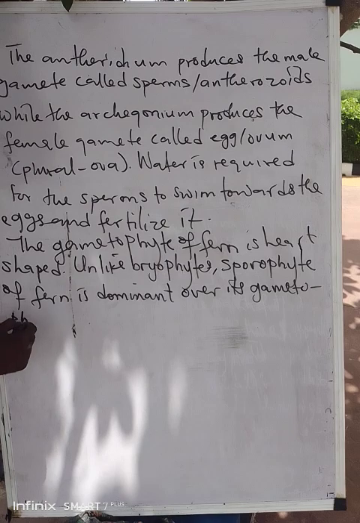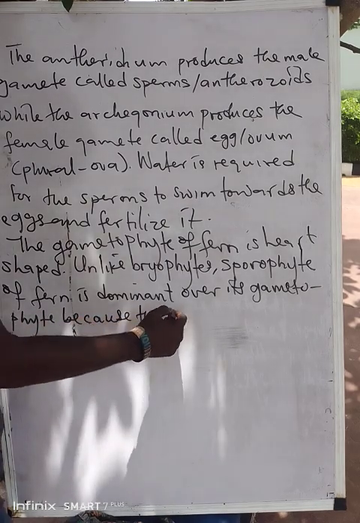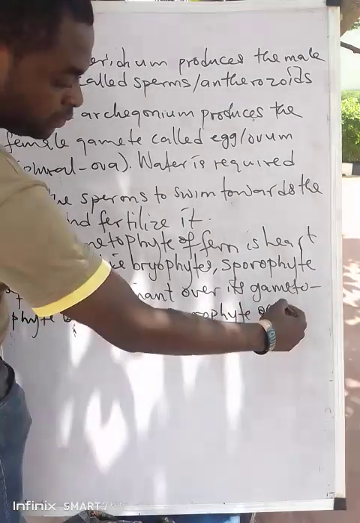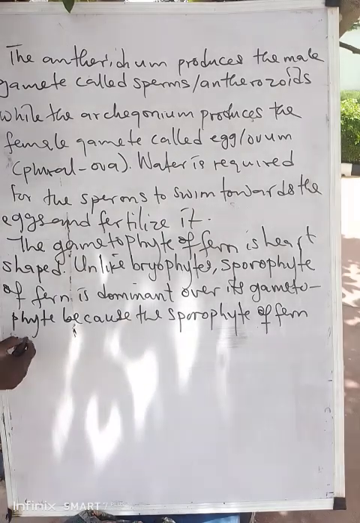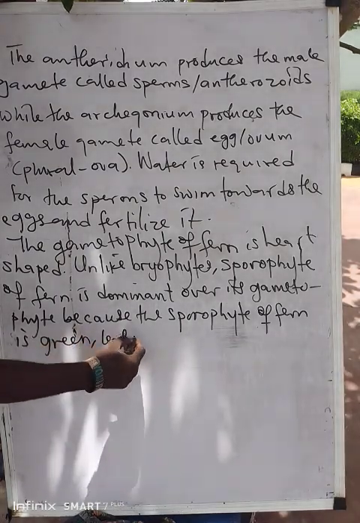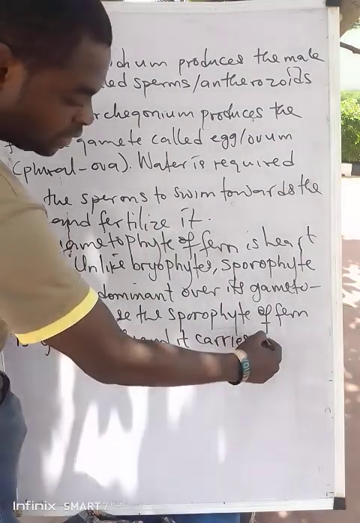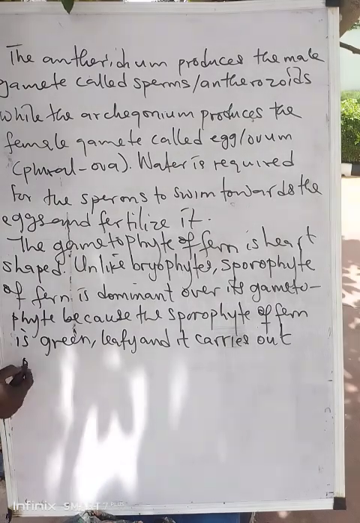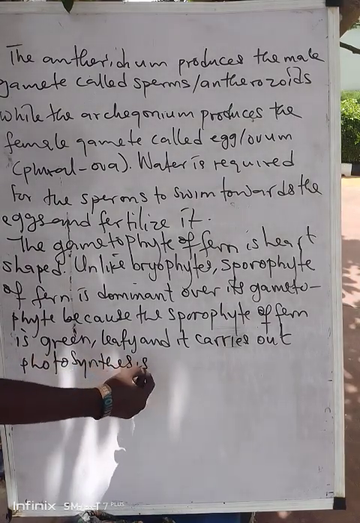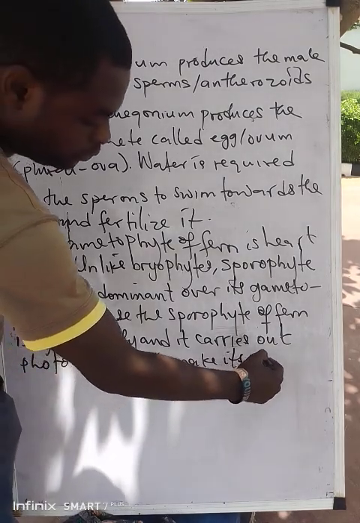Why? Because the sporophyte of fern is green, leafy, and it carries out photosynthesis to make his own food.